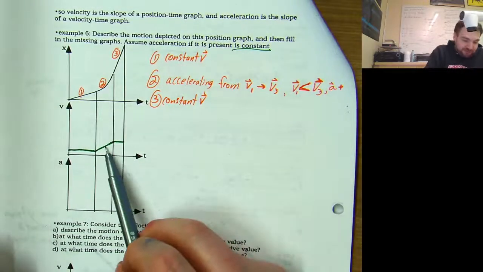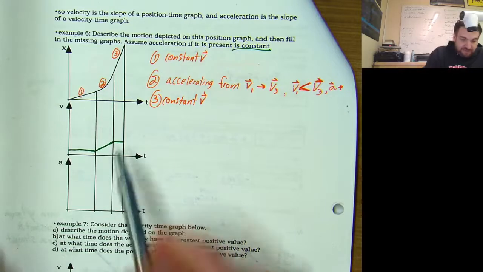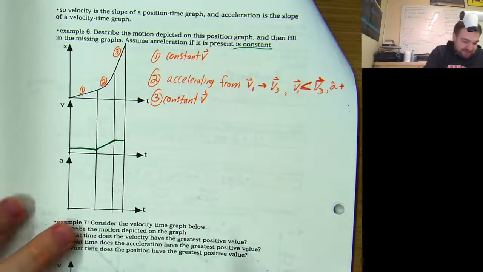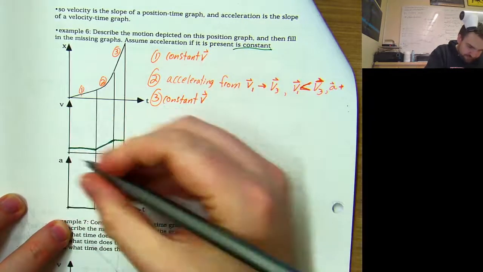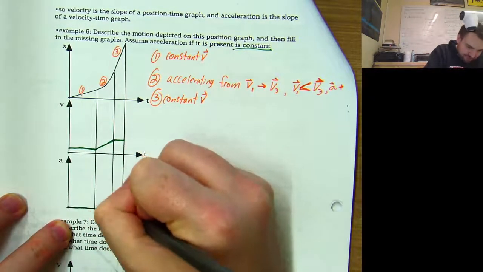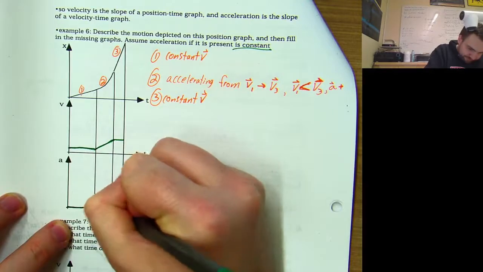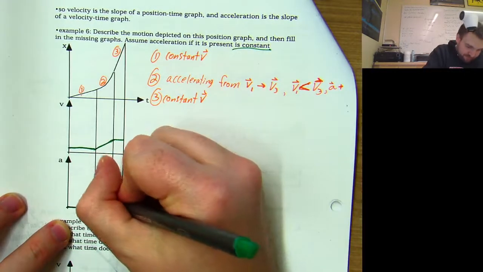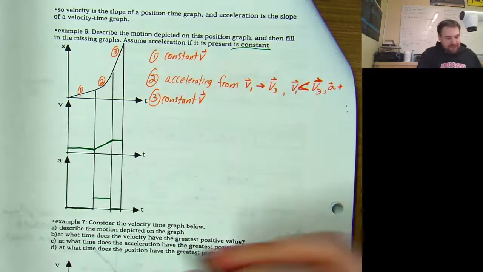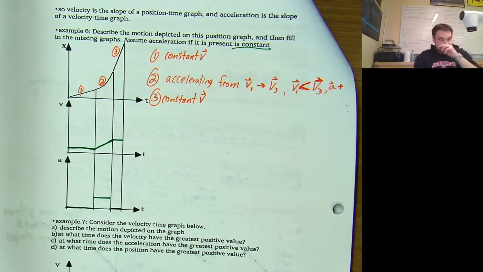So a constant acceleration on a VT graph is going to be a straight line, connecting our 2 previous velocities. And then the acceleration graph, it's not accelerating, so it's going to be down here at 0. It's not accelerating this third chunk, so it's going to be down here at 0. But it does accelerate, and it's constant for this bit here. We're going to have some flat-lined acceleration right there.